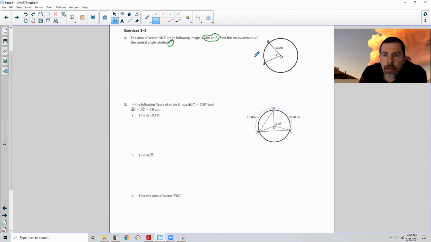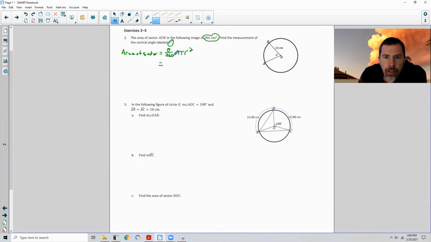Okay. All right. So area of a sector equals theta over 360 times pi r squared.